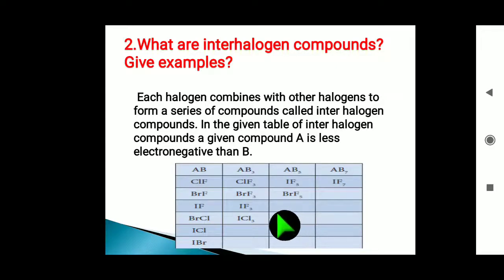Another compound we can take is ICl3: iodine is less electronegative than chlorine. Each halogen combines with another halogen to form a series of compounds called interhalogen compounds. Fluorine, chlorine, bromine, and iodine are halogens. So each halogen combines with another halogen, but the first halogen should be less electronegative than the second one.